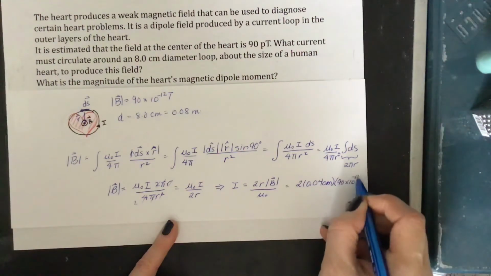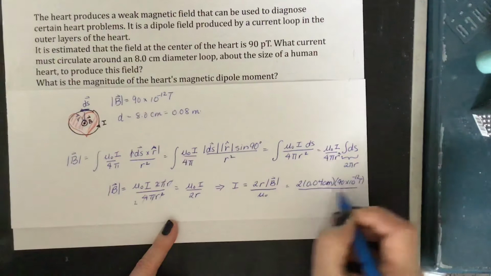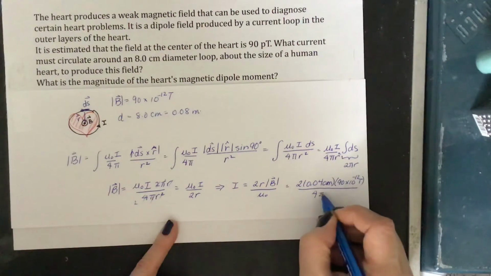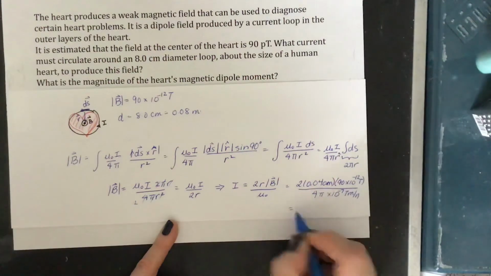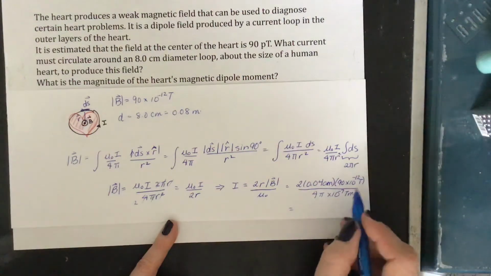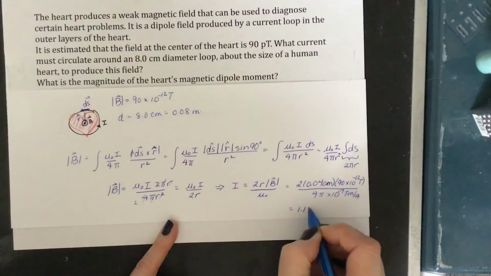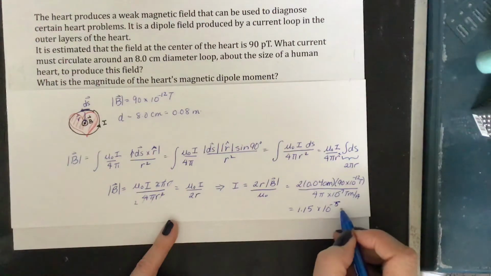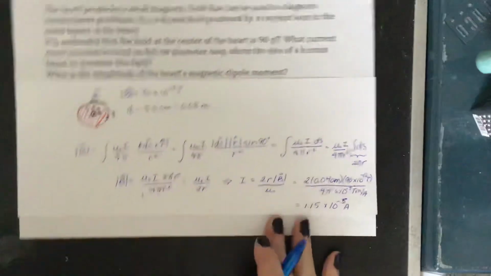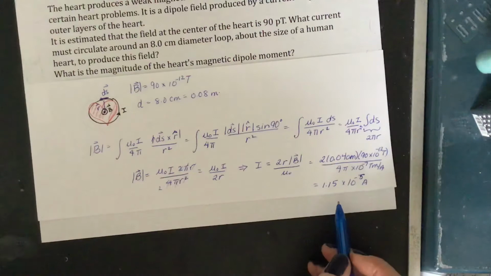We divide the whole thing by mu naught, which is 4 pi times 10 to the minus 7 teslas meters over amps. That gives us a current of 1.15 times 10 to the minus 5 amps. Yes, amps for current. Okay, so that is a pretty tiny current, but then it's your heart. You don't want a whole lot of current going through it.